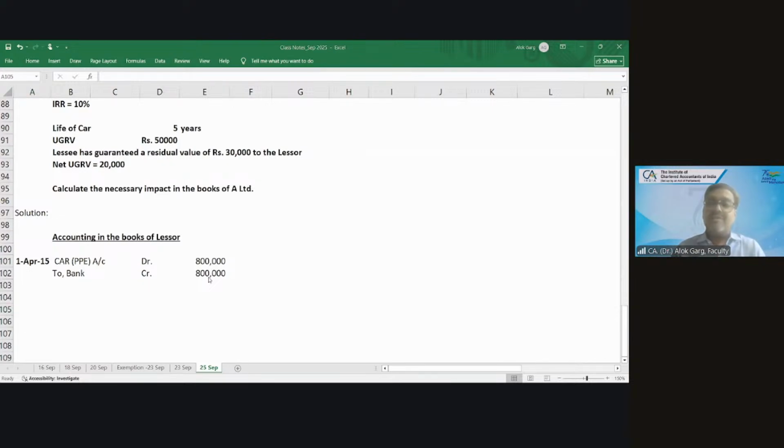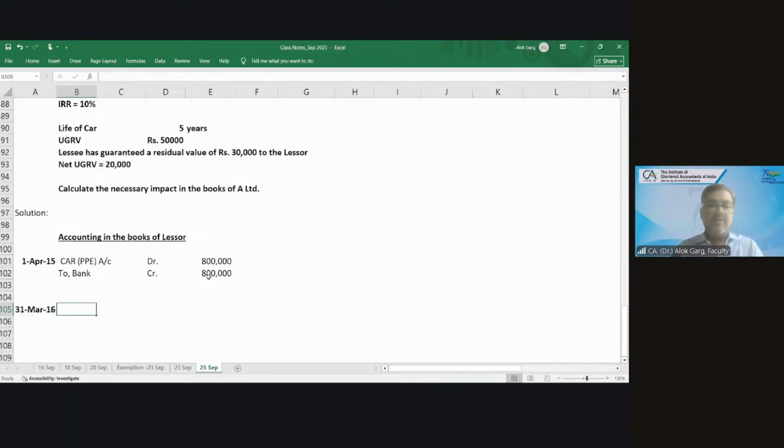Then what is the next entry? This lessor has used the asset. So what is the next entry on 31st March 16? Depreciation account debit to accumulated depreciation.